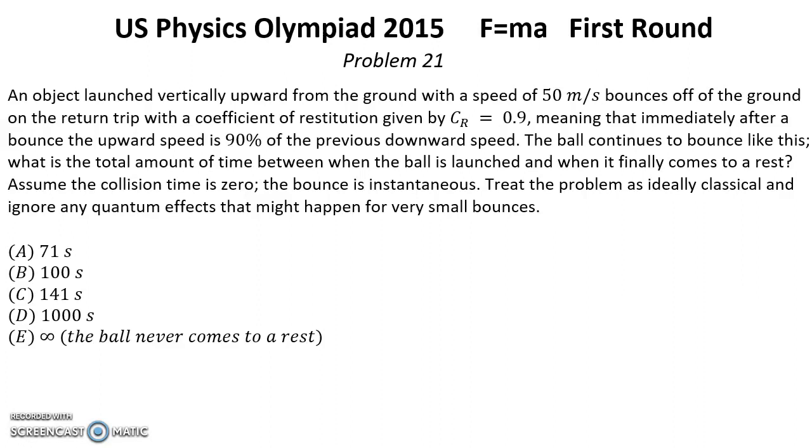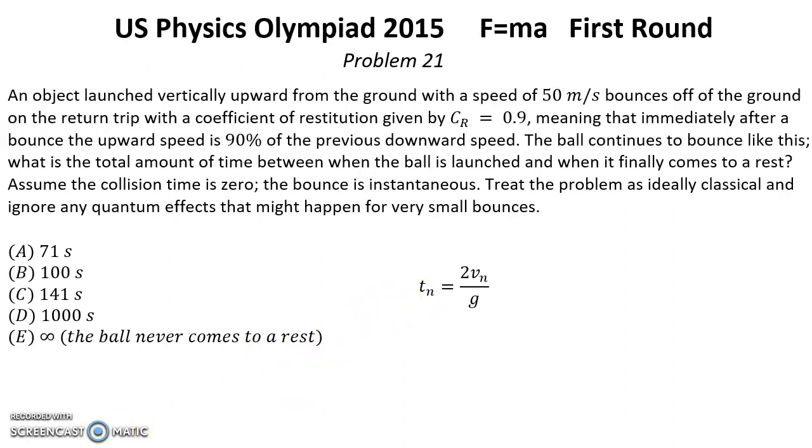First, we can write an expression for the time of flight. Each time after a bounce, the time of flight is equal to 2Vn over g, where n is the number of collisions. To find the total time, we need to sum all of these times Tn.